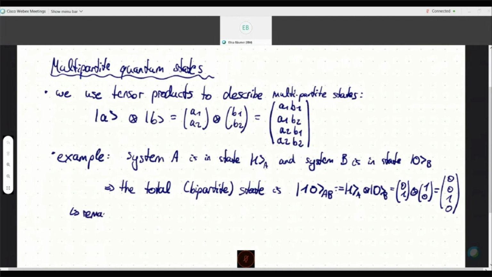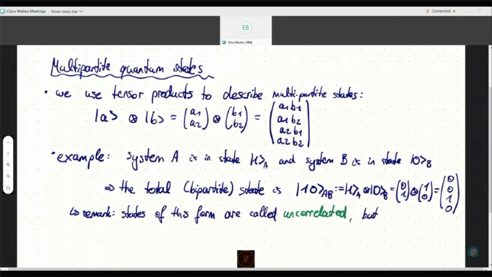Our remark for the state is: if a state is of this form, and with this form I mean some state on A, tensor some state on B, then it's called uncorrelated. But there are also other bipartite states that cannot be written in this form.